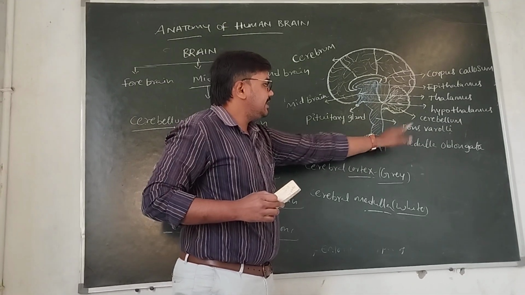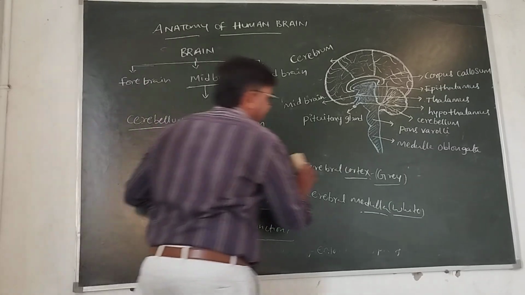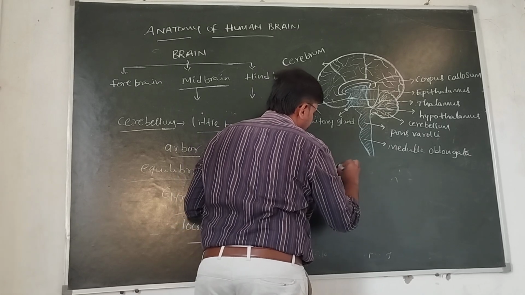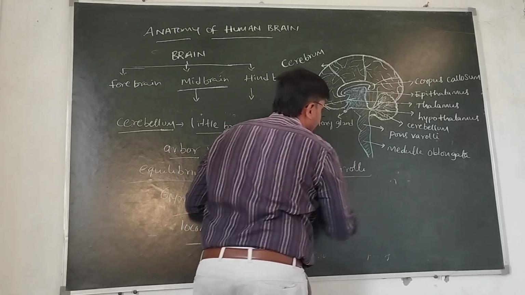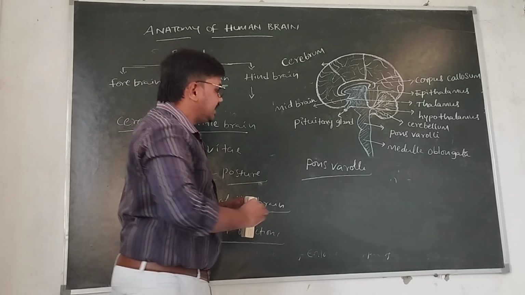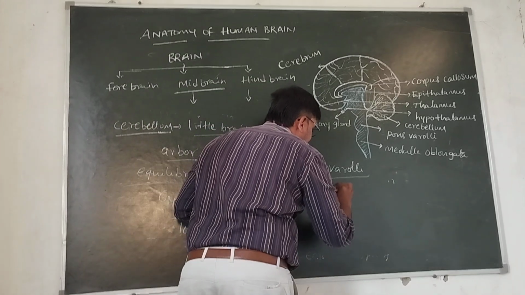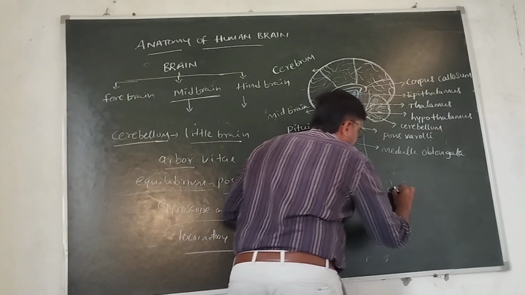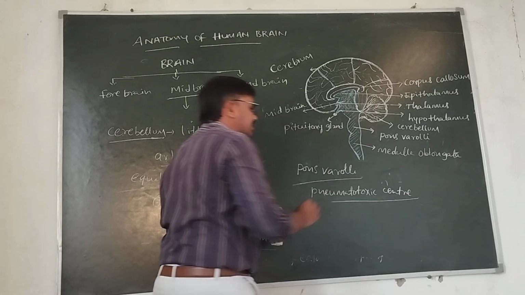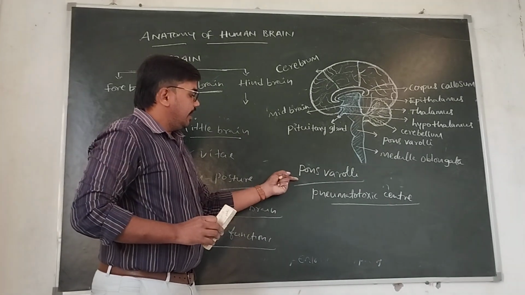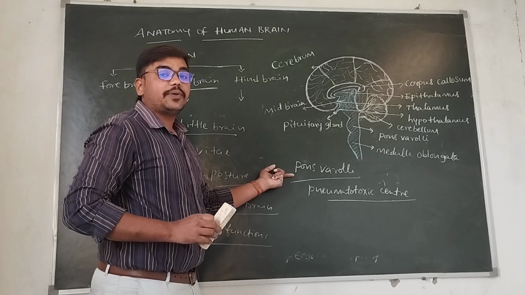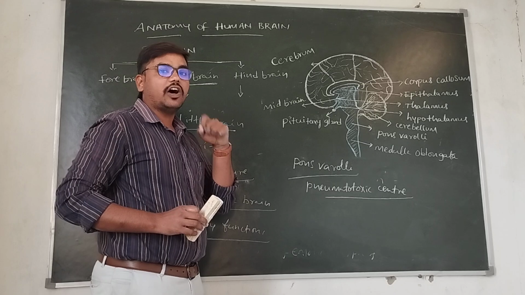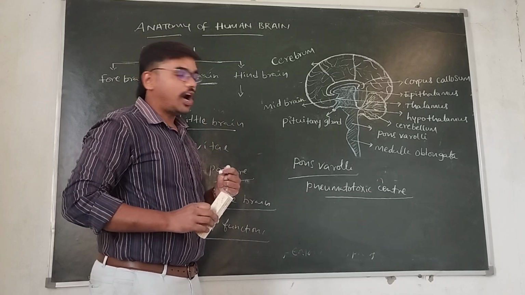Next, another part is the pons varolii. The pons varolii is the center of the pneumotaxic center, which regulates the respiratory movements. For example, how much air you can breathe in and how much air you can release outside.